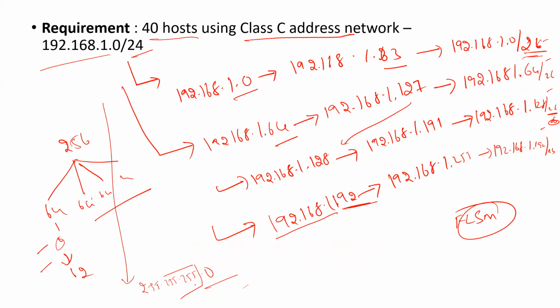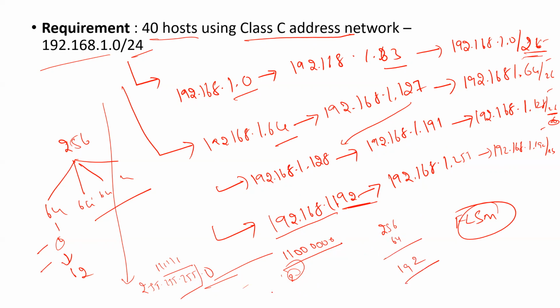For class C, the first 24 bits are the network portion, all ones. Similarly, among the last 8 bits, 11000000. We have to calculate the value, 2 power of these bits. Simply, for /26, 128 plus 64 is 192. Or 256 minus 64 is 192.